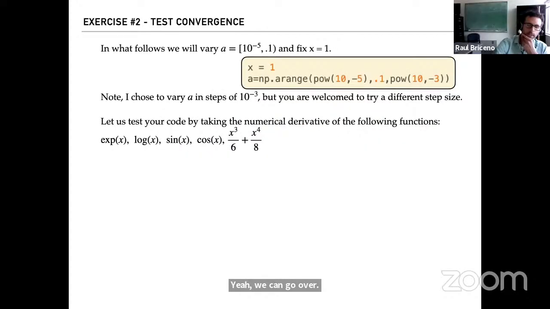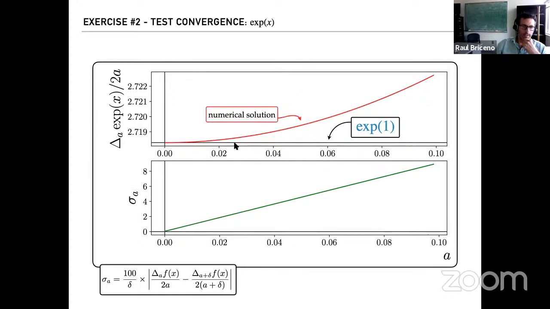Very good. So I'm fixing x to 1, right? And we're going to make plots for each one of these functions. First, I'm looking at the exponential, okay? And I'm varying a in this region from 10 to the -5 to 0.1 in tiny steps. What I'm plotting is delta a of the exponential divided by 2a.